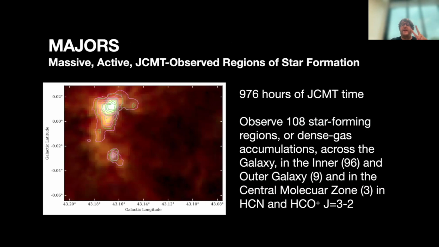Observe them in two dense gas traces. HCN was the primary one looked for, but we can get HCO+, which is another excellent dense gas tracer, for free. And we can have a look at what the dense gas looks like in all of these star-forming regions.